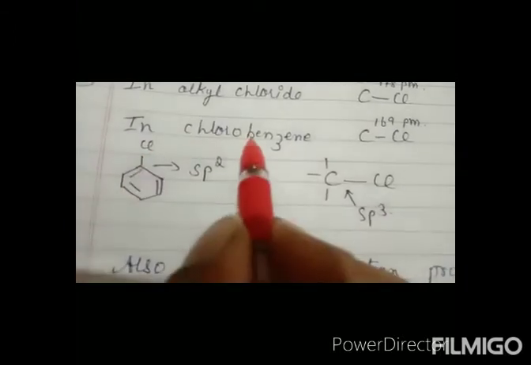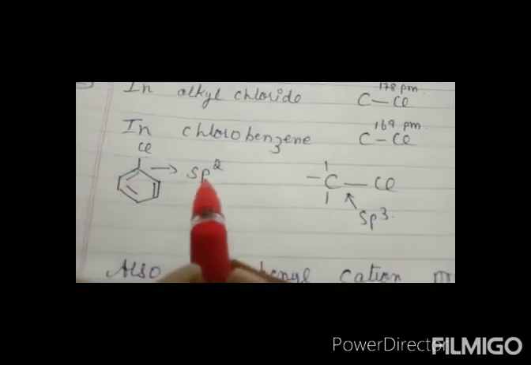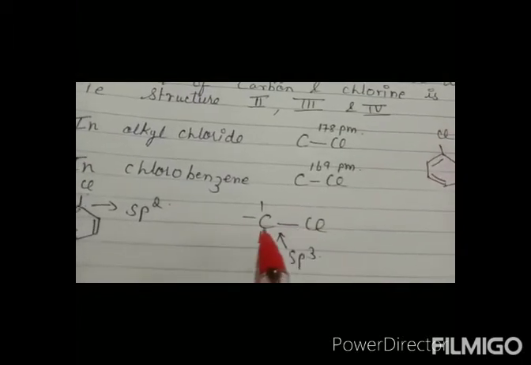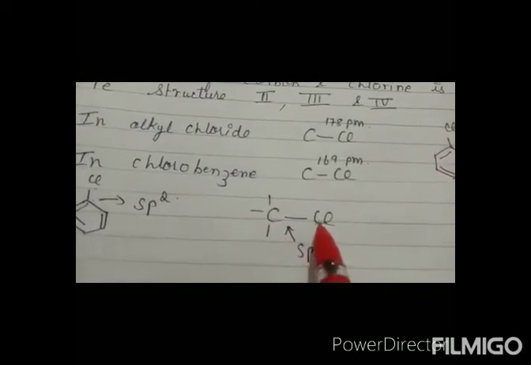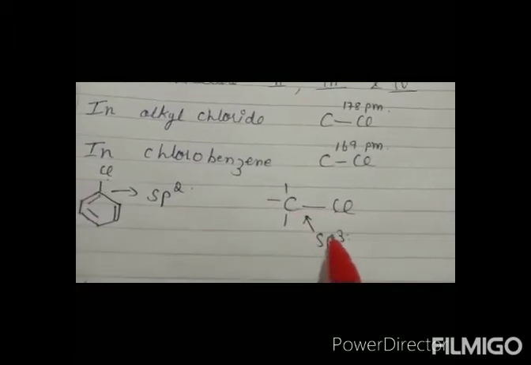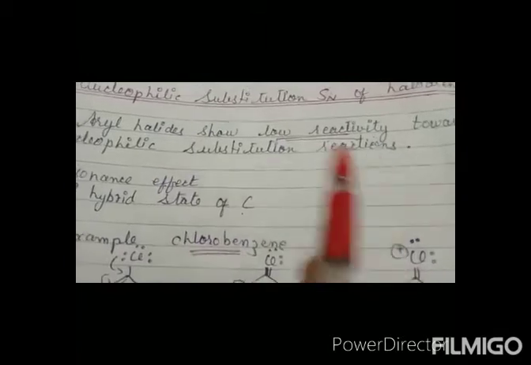Now in this case also, the carbon and the chlorine bond in chlorobenzene, here this carbon, because it is having the double bond, is sp2 hybridized, right? Whereas in alkyl chloride group, when carbon and chlorine are bonded, this carbon is actually sp3 hybridized. This is one of the reasons again why the aryl halide shows low reactivity towards nucleophilic substitution reaction.